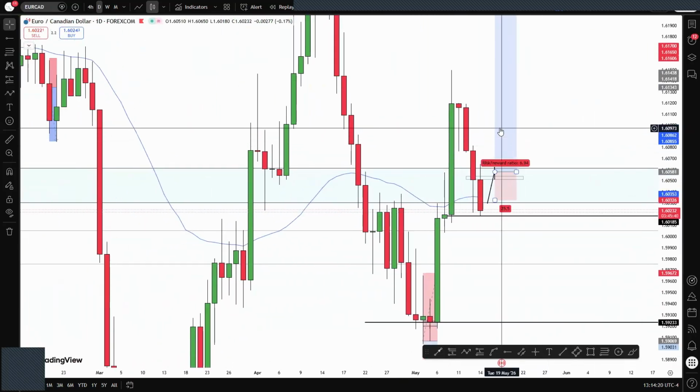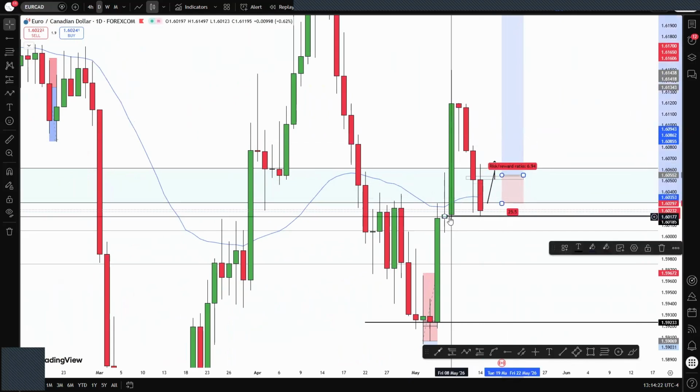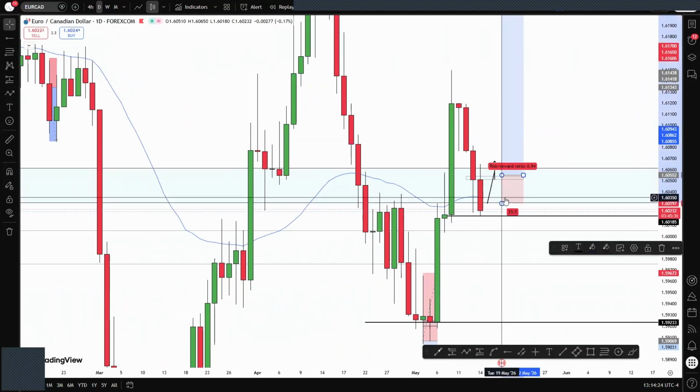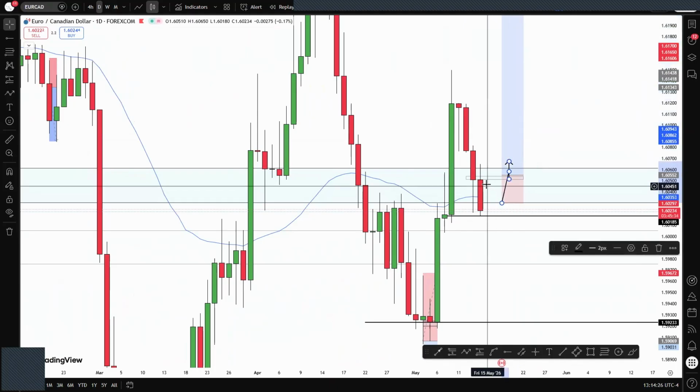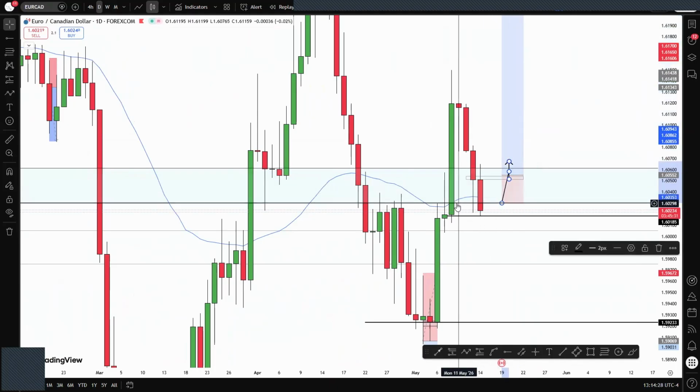And if I can use the daily time frame, let's say the daily closes with this bearish engulfing, this bearish candle, then tomorrow we have a bullish close up around this level here.